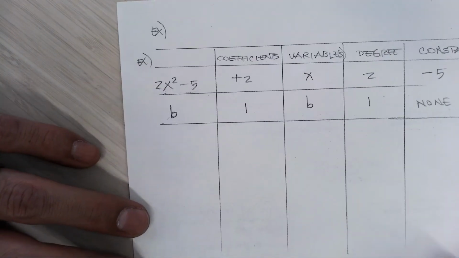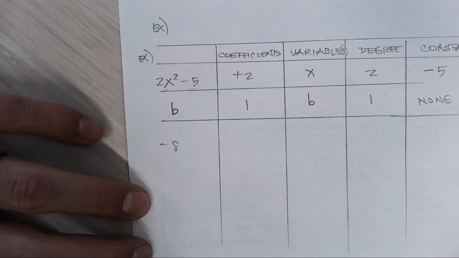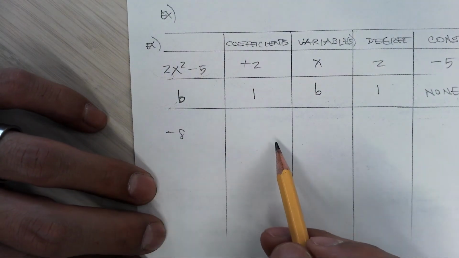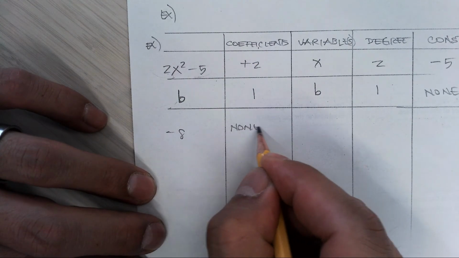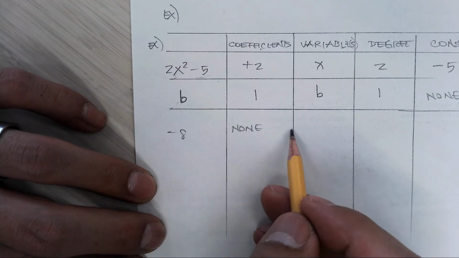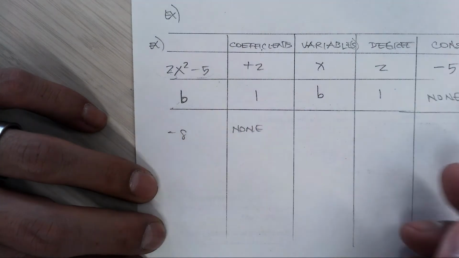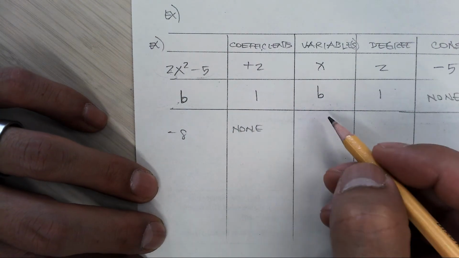Okay, and then finally, let's try this, negative 8. What is the coefficient for this negative 8? Well, it has no coefficient because there is no variable. None. No coefficient, because coefficients are numbers in front of variables. In this case, there is no variable, so there is no coefficient.